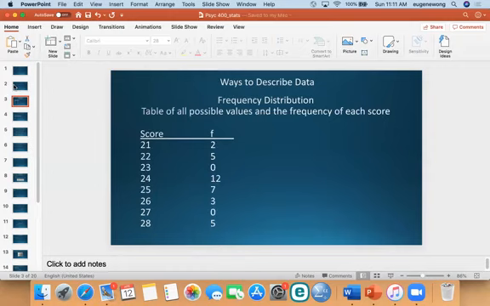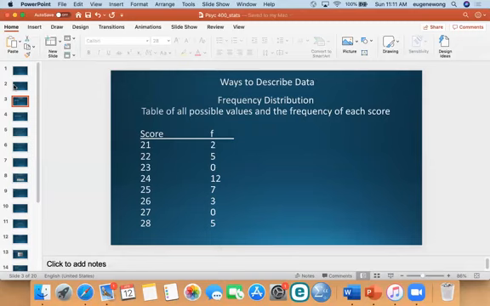One way to describe data is with a table, and one kind of table is called a frequency distribution. A frequency distribution is simply a table that identifies all the possible scores and the frequency with which each of the scores happens to occur.